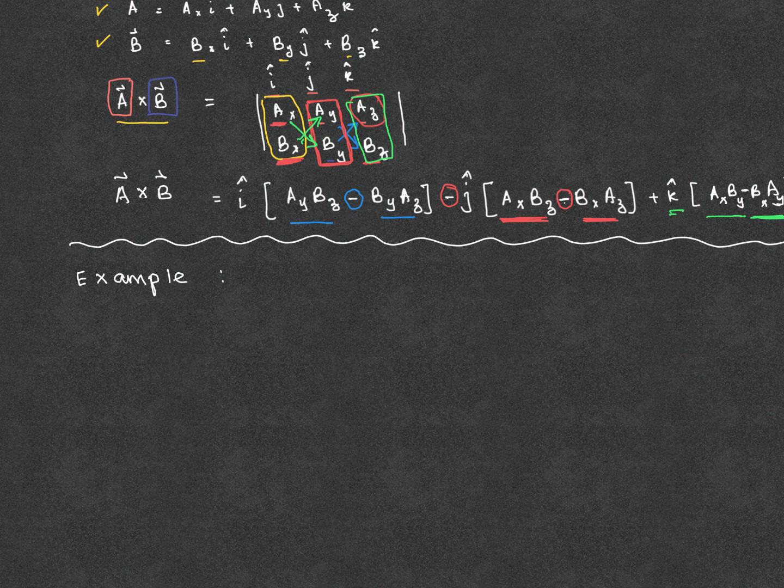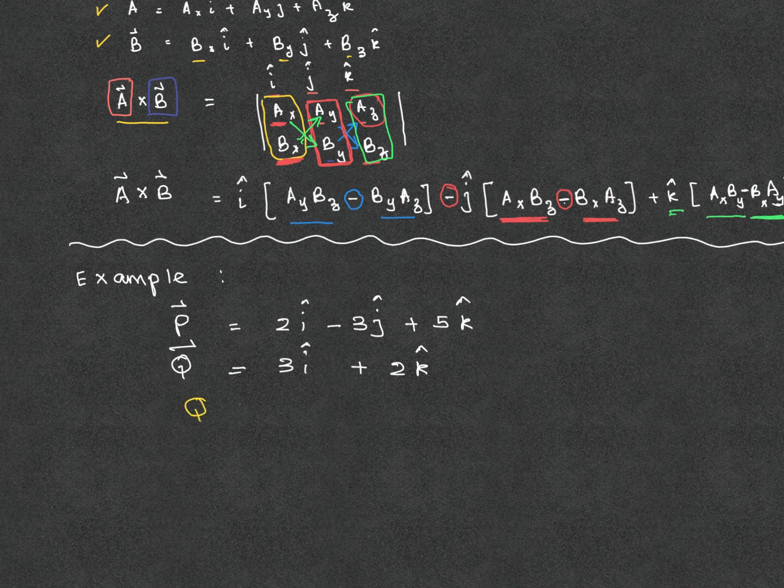Let's say that we have a vector P, and the vector P is given to us as 2i hat minus 3j hat plus 5k hat. I'm just making up these things. And then the vector Q is given to us as 3i hat plus 2k hat. You can see there is no j hat term in the Q vector, so it is best if you rewrite this vector Q, inserting a 0 for j.